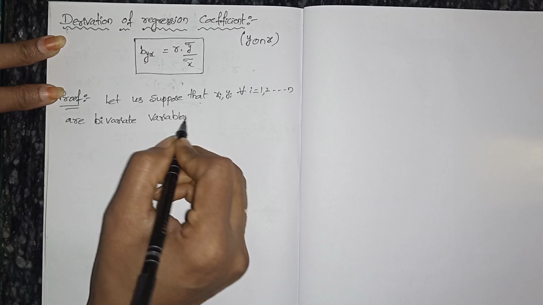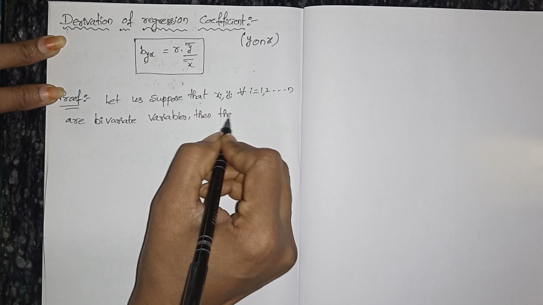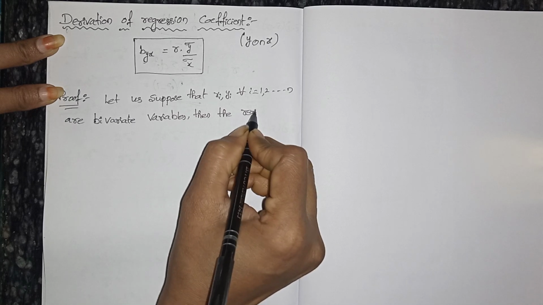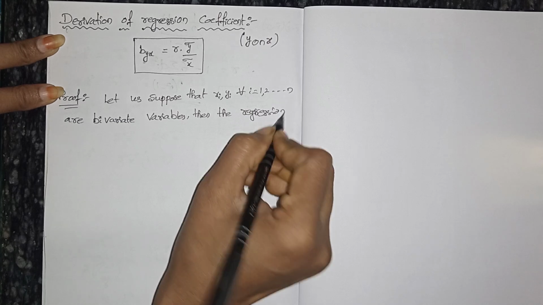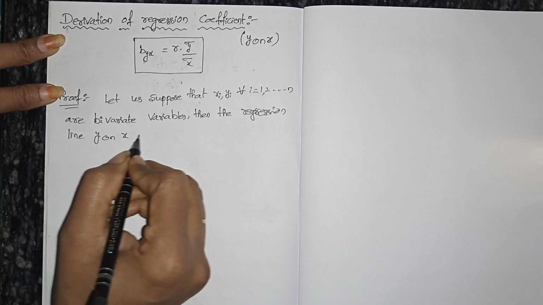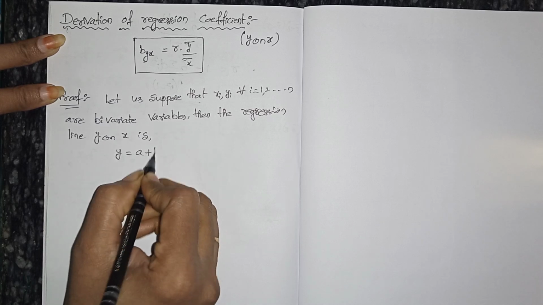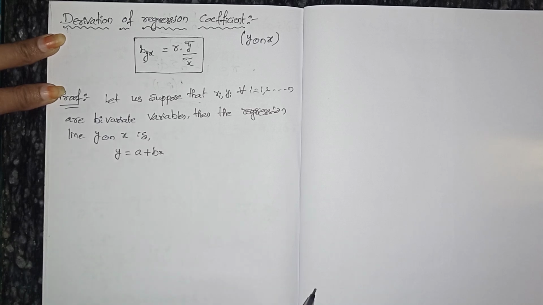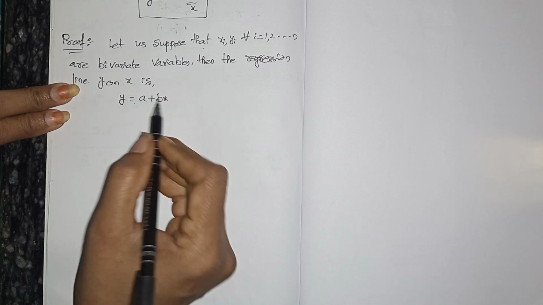Then the regression line y on x is nothing but y equals a plus bx. So first we consider the regression line, y equals a plus bx.